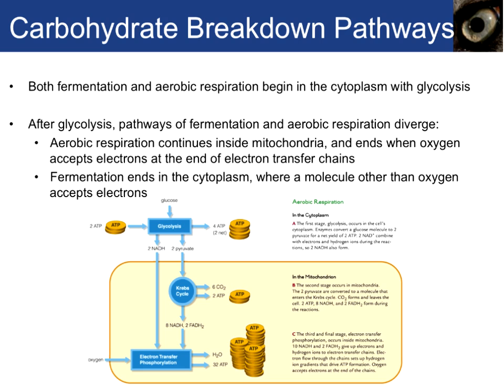So aerobic respiration continues inside the mitochondria. And this process ends when oxygen accepts electrons at the end of the electron transfer chain. Whereas fermentation ends in the cytoplasm, and in this case, a molecule other than oxygen accepts the electrons. So A in the figure is the first stage, which is glycolysis. And so this is this step here.